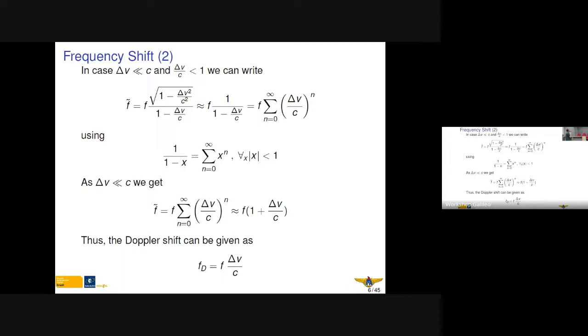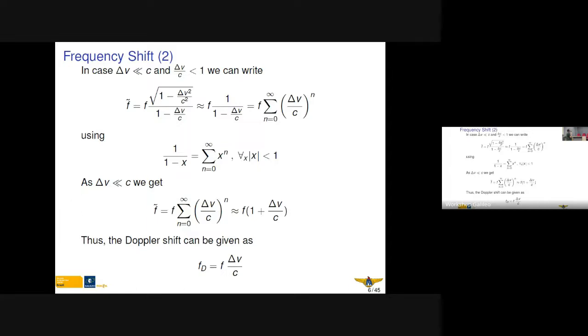And using now that 1 over 1 minus x is equivalent to this geometric sum, in case x is smaller than 1, that's why it was important to assume, and in our application this is the case, that delta V divided by c is smaller than 1.